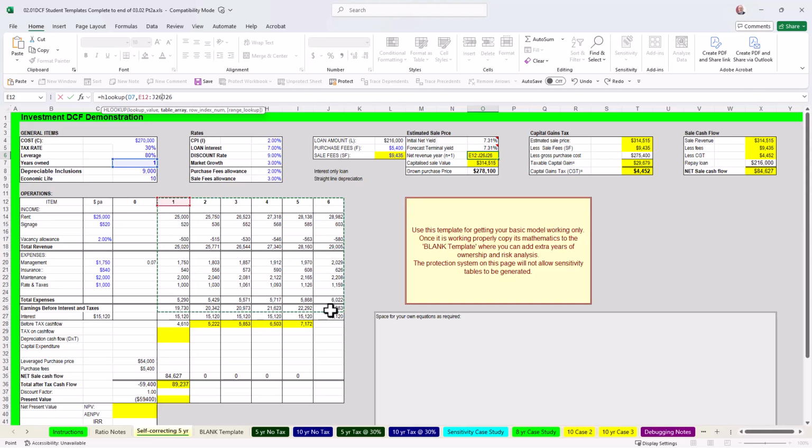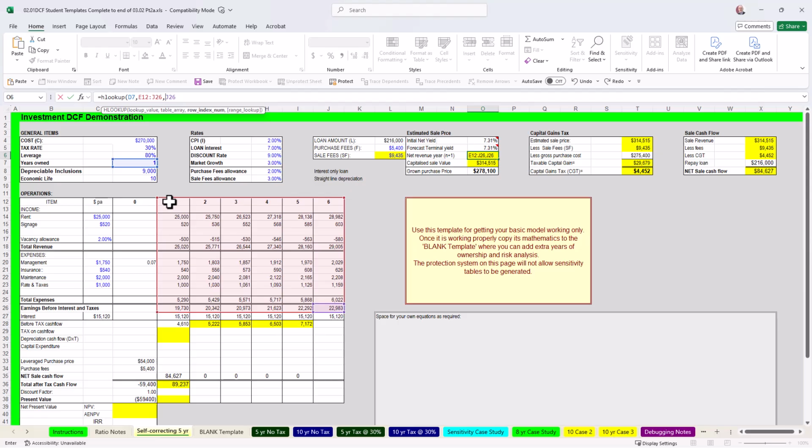Okay, and so the first row in this table is the year numbers, so I'm going to compare D7 to the first row. It's the way that the lookup table works. That's all good. And then I want to know how many rows down the table I have to go to pluck out the number I'm looking for.